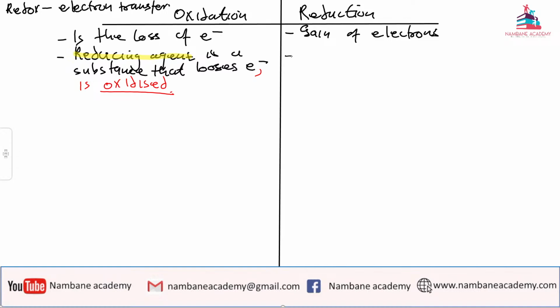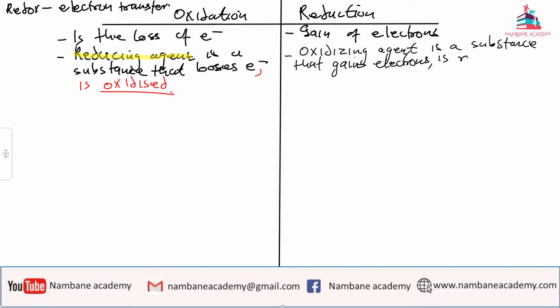Furthermore, if we have a reducing agent as a substance that loses electrons, what about a substance that is going to gain electrons? That substance we call an oxidizing agent. So an oxidizing agent is a substance that gains electrons, and this substance is reduced.